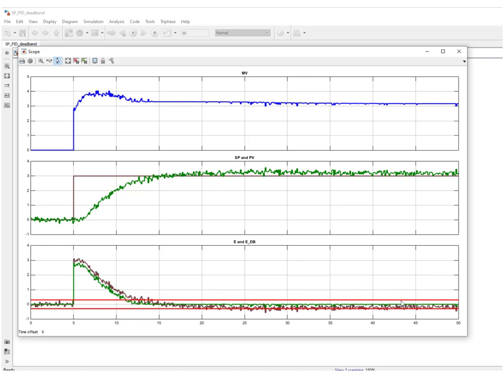So you can see here that in steady state, well, the error is in brown here, subjected to noise, but the error after deadband, right, is less subjected to noise, and this is why here you see the influence on MV of this noise much less, right? Of course, the price to pay is that PV is not going to set point.